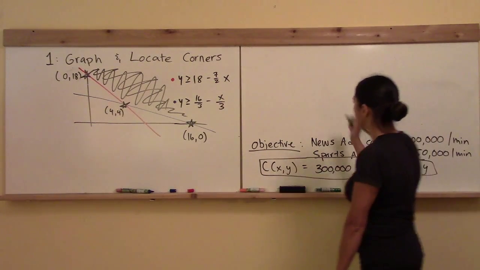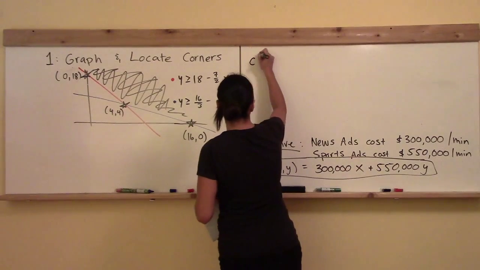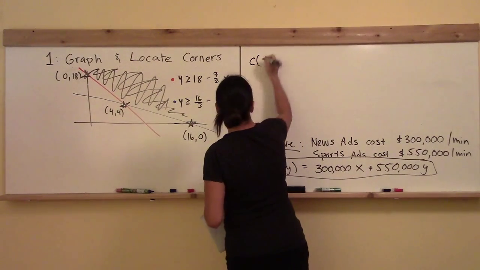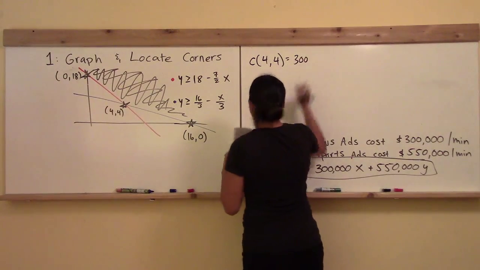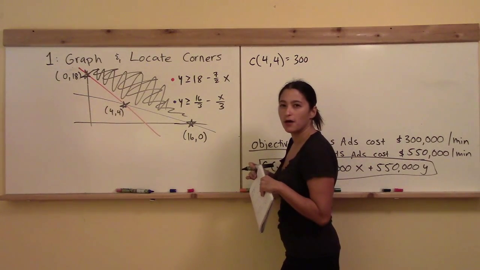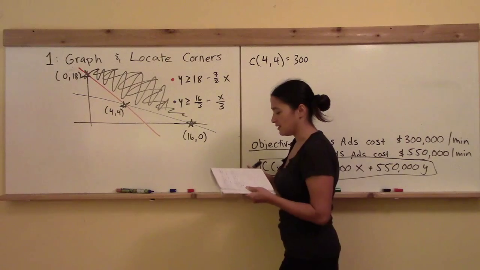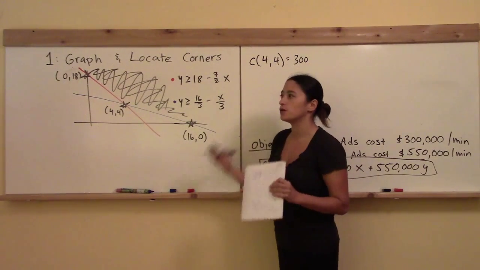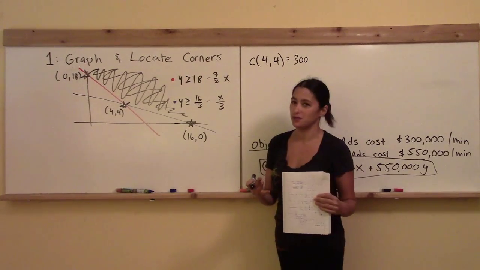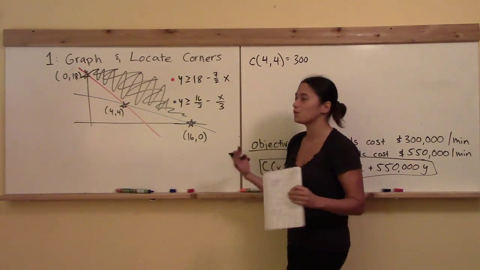Okay, so I want to minimize this function. So let's say, what is C when I'm at the point (4, 4)? What does it mean to be (4, 4)? That means I'm going to run 4 news ads and 4 sports ads. Remember what the x and y mean.